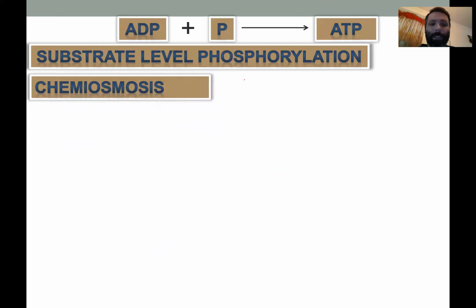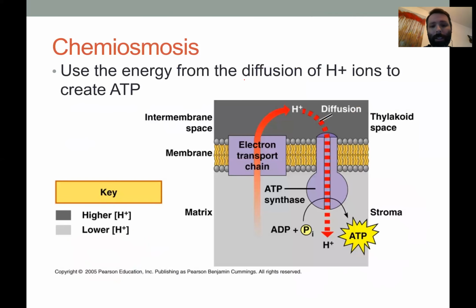So it's not the best way to make ATP. The best way to make ATP is with something called chemiosmosis, right? This is the generic term. Whether it's talking about photosynthesis or respiration, chemiosmosis works for both of these. It describes the part where you take an electron transport chain to pump hydrogens into a space. Notice that there are some differences on the left and right hand side of this diagram. And once the hydrogens are in that space, the concentration gradient is established.